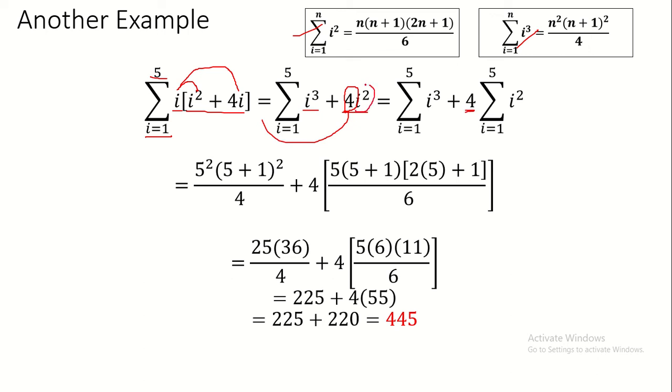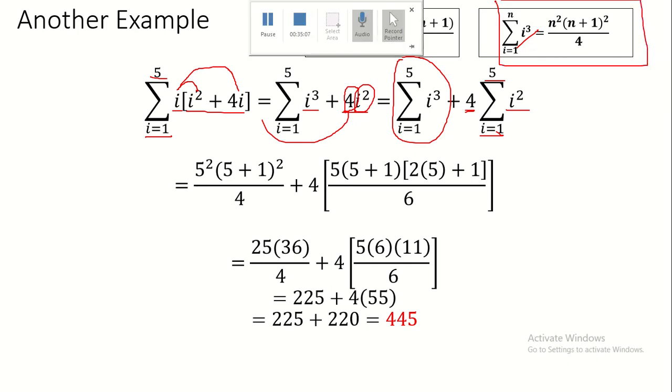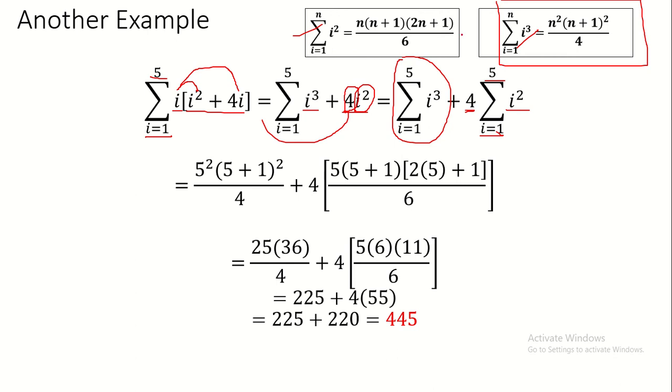Yung natira dito ay i squared, summation of i squared from i equals 1 up to 5. Okay, so dito, ito yung gagamitin nating formula, the sum of the cubes of the first n positive integers. So ang n natin ay 5, of course.